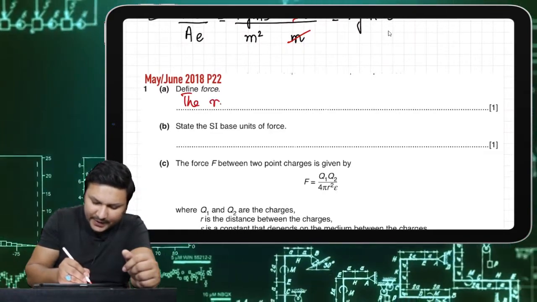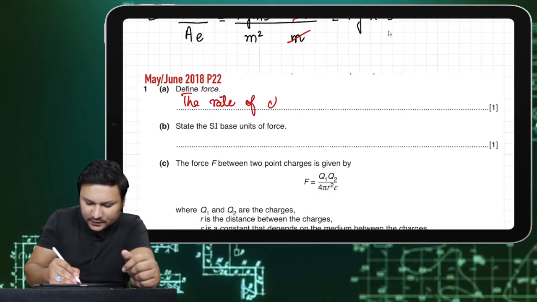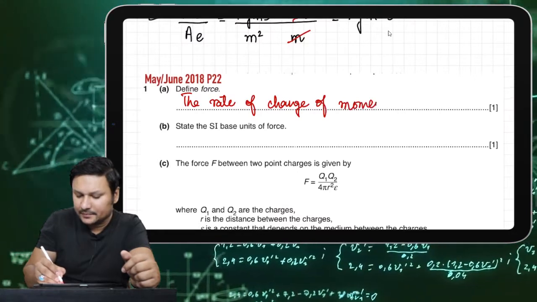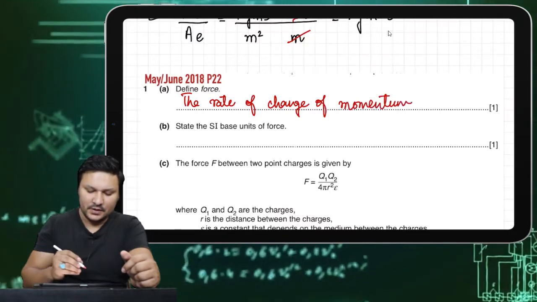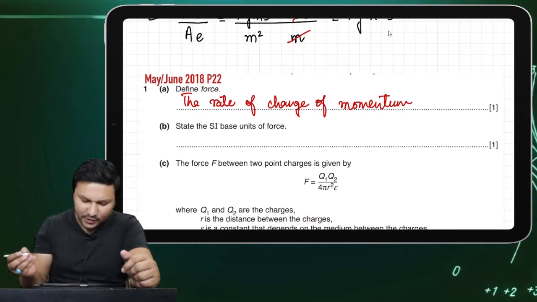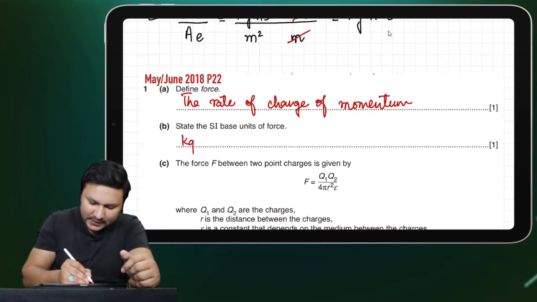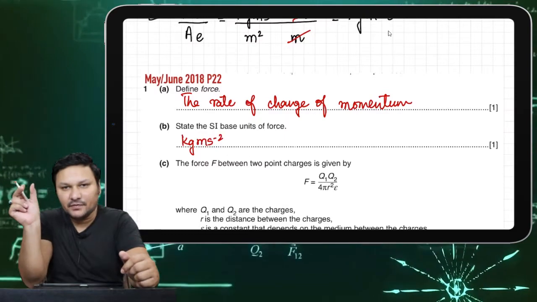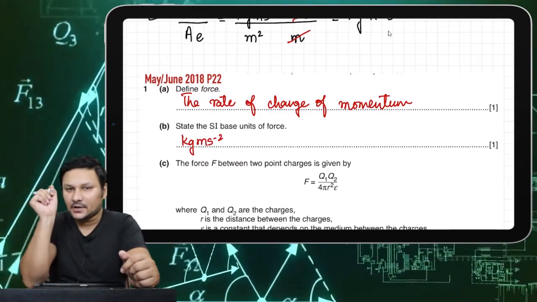Write down the SI base unit of force, kg ms minus 2. Since it states the unit of force, you can provide a one word answer.